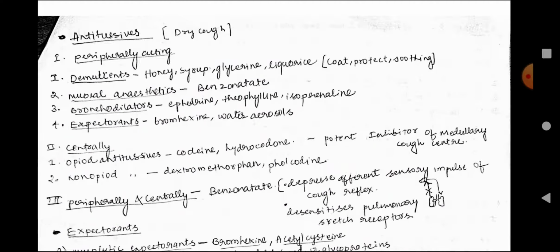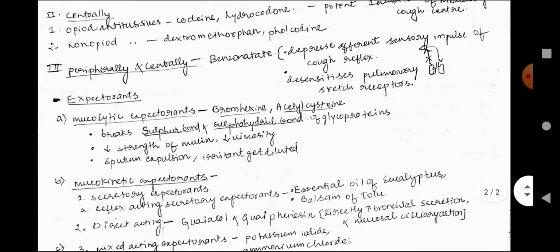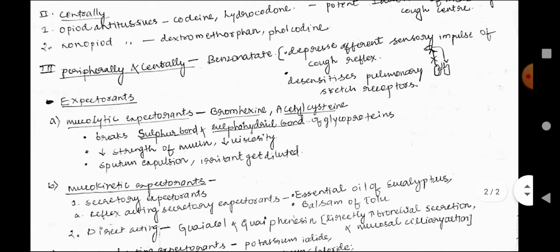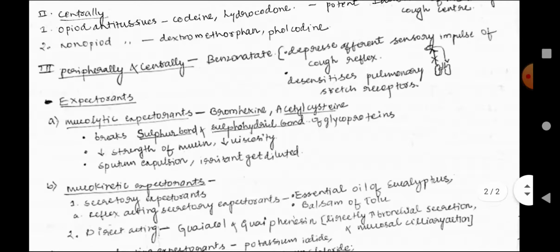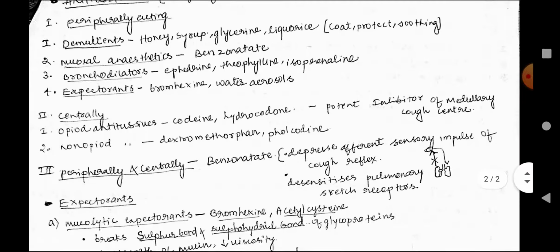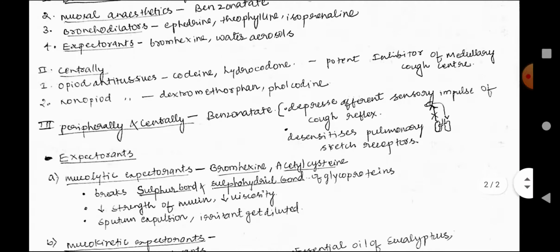Now let us come to the final classification of the antitussives, that is, the drugs which act both peripherally and centrally. An example for this is benzonatate, and benzonatate is also classified as a mucosal anesthetic.